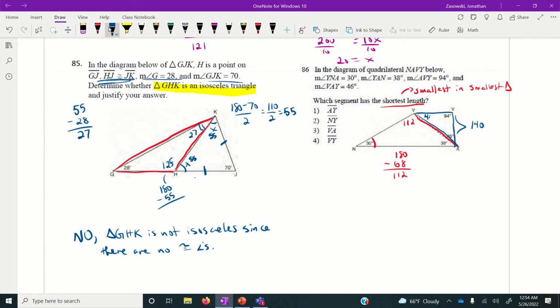And so this angle would be 40 degrees. Now, since this angle is now our smallest angle in the smallest triangle, that means that VA would have to be our answer instead.